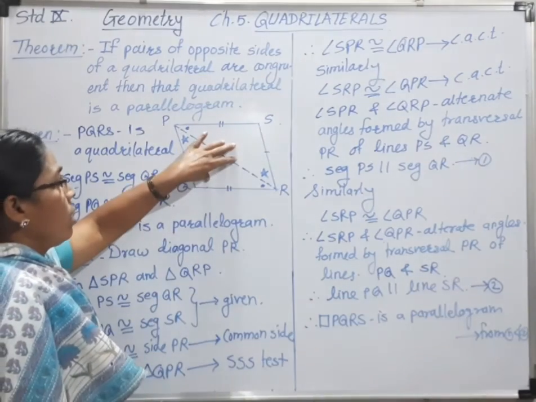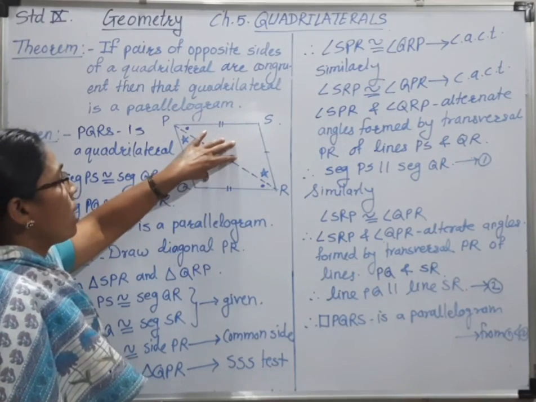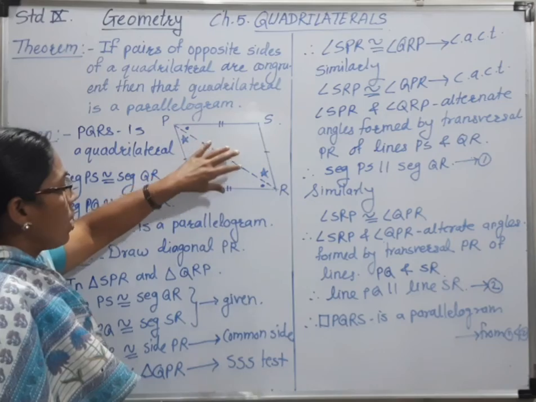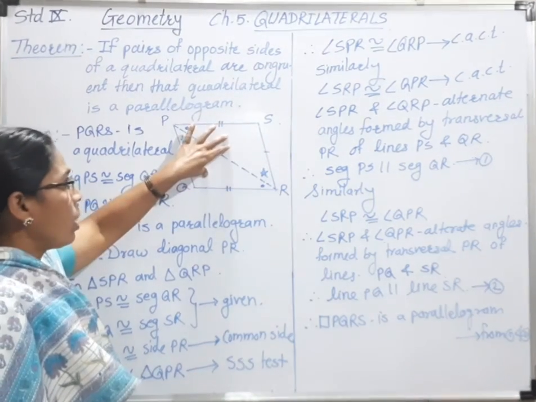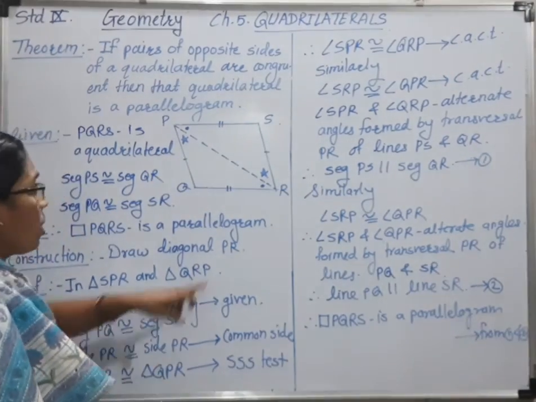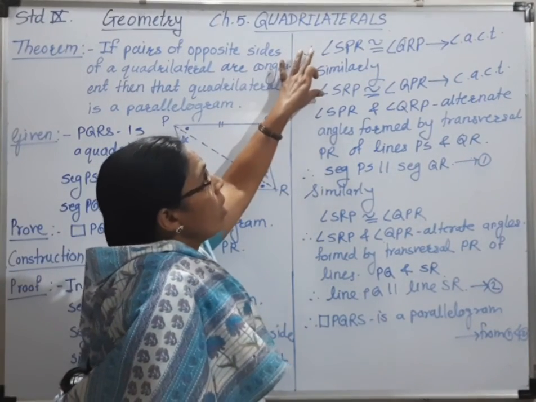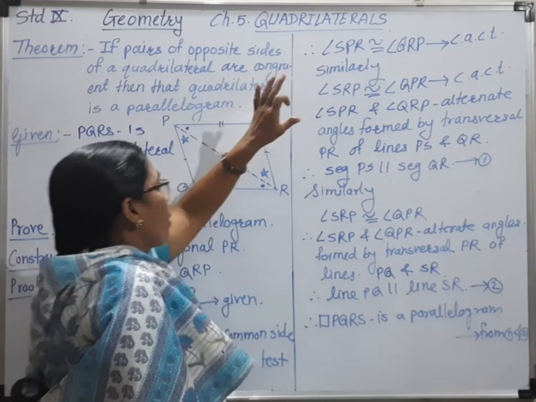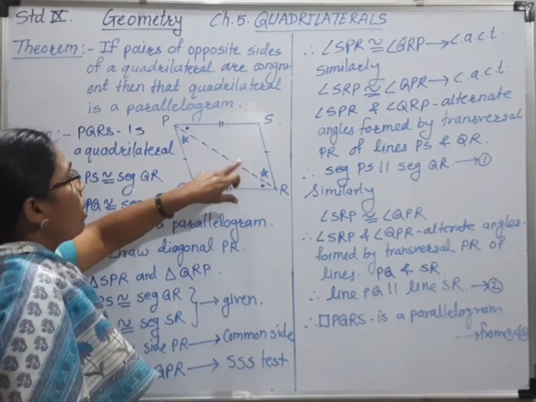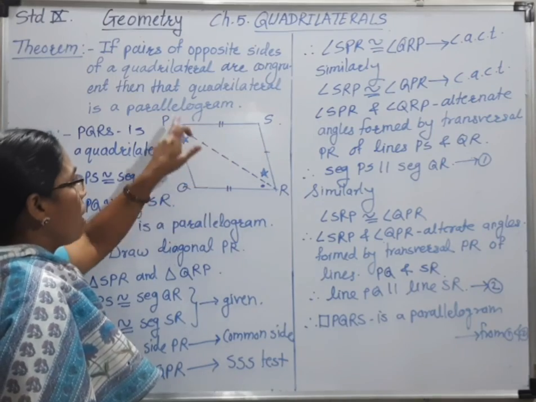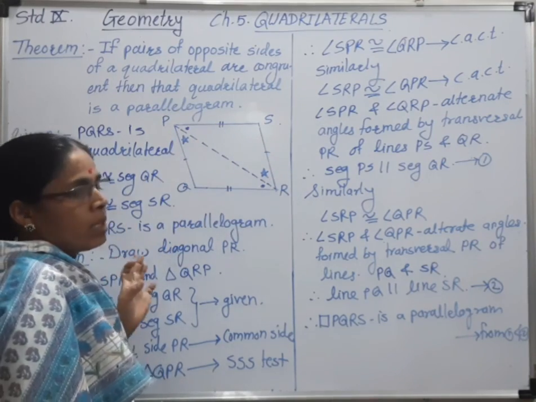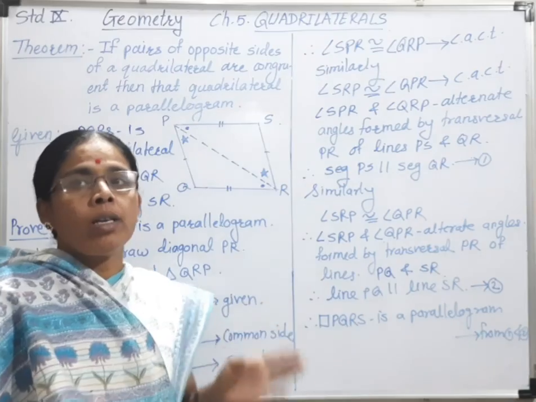Here by SSS test, these two triangles are congruent, and if these two triangles are congruent, then the remaining angles and remaining sides are also congruent. So from that we got these two pairs of alternate angles congruent, and if the alternate angles are congruent, then these lines should be parallel, and here these lines are parallel, that's why PQRS is a parallelogram. I hope you have understood this theorem.